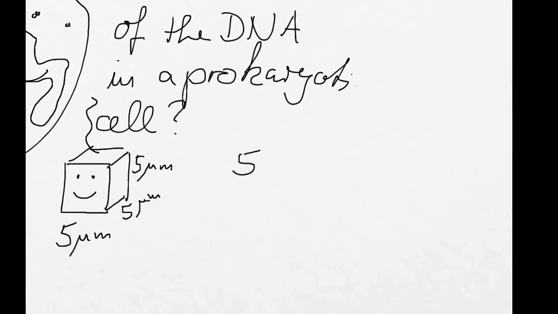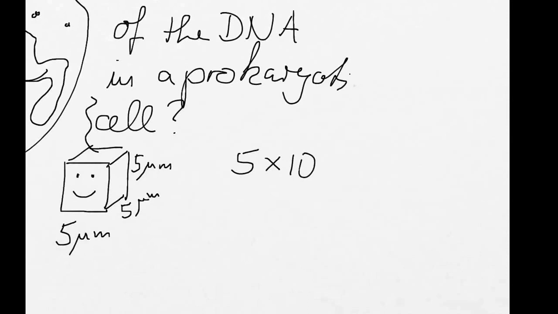So we have 5, yes, you are right. 5 times, what is micro? 10 to the minus 6. 5 times 10 to the minus 6 meters cubed. Yeah? Can we do that?